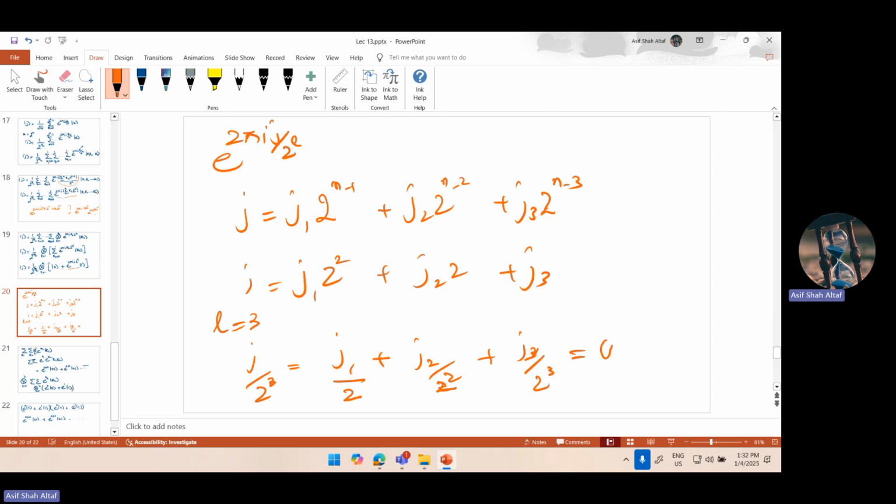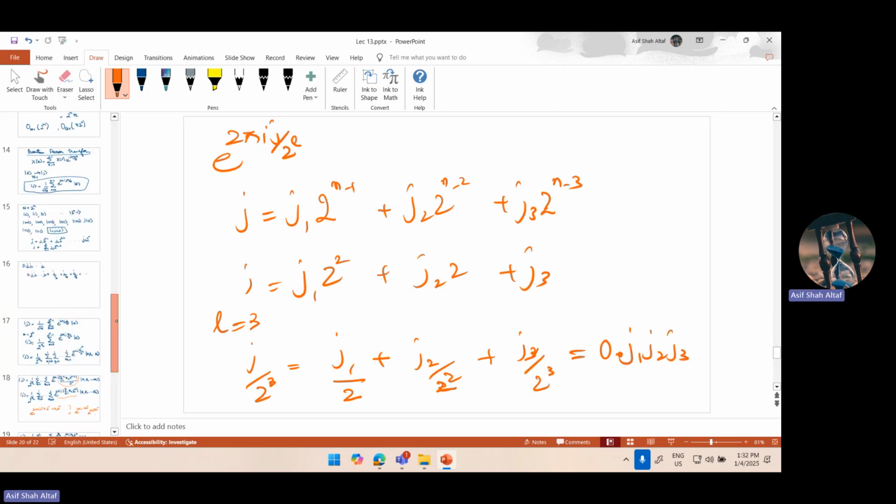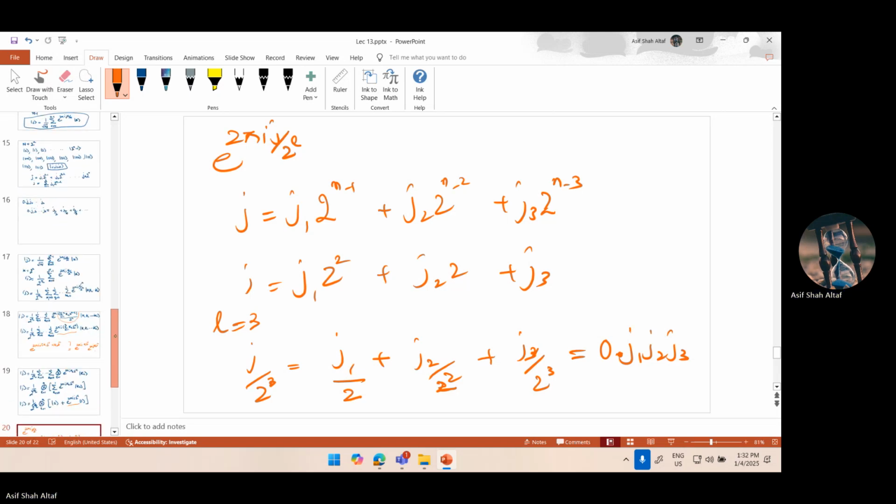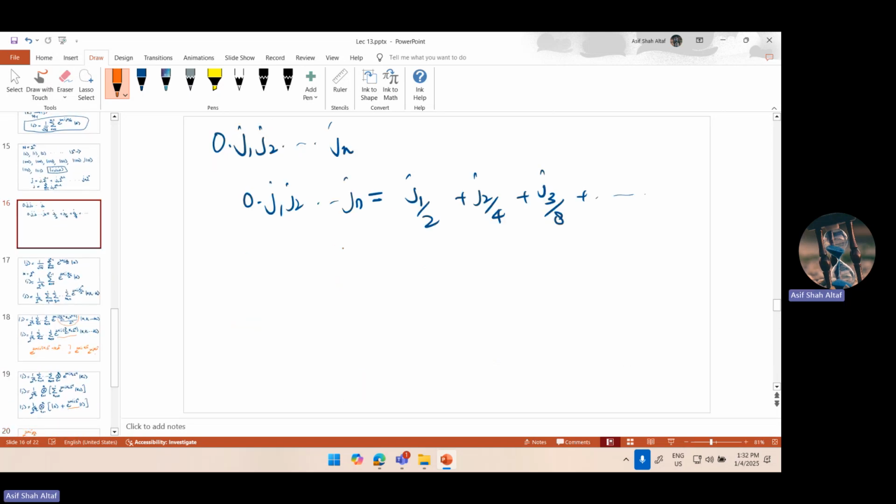And this thing I can write as 0.J1, J2, J3, which I just showed here. You remember somewhere here? Here, yeah. So whenever you have a representation like this, you can write it in short like 0 point J1, J2, J3, where J1, J2 are the binary bits.